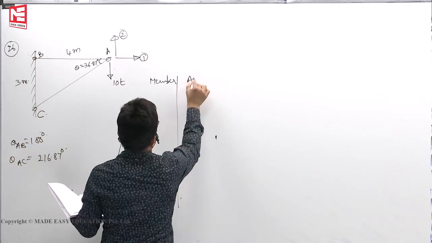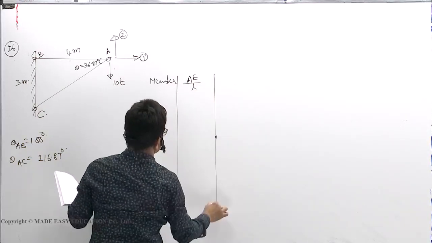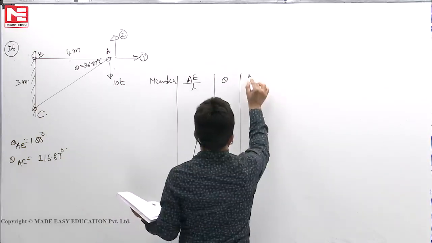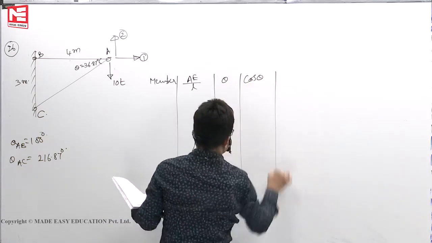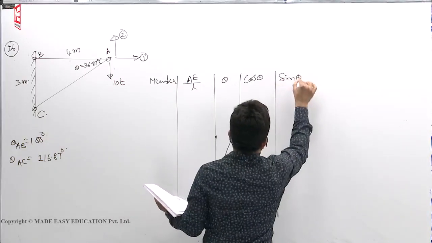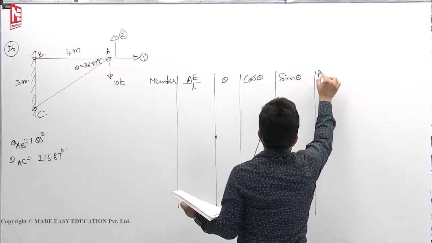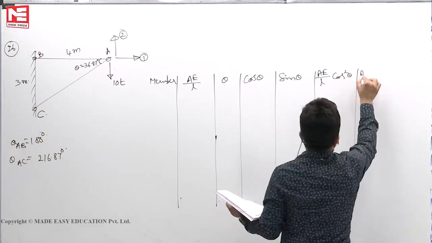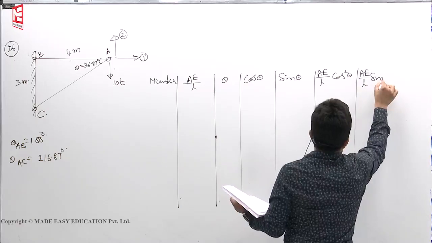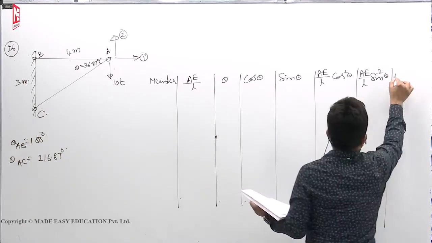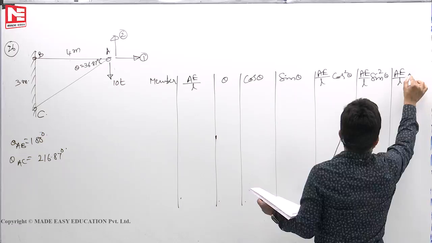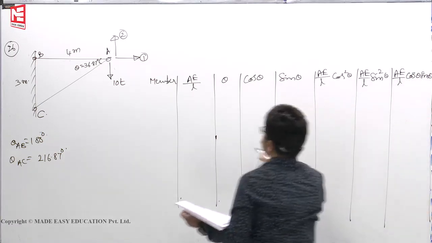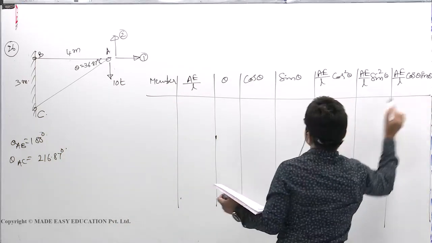So we can write AE by L value, then theta, cos theta, sin theta, then AE by L cos square theta, AE by L sin square theta, then AE by L cos theta sin theta. This much you have to take.